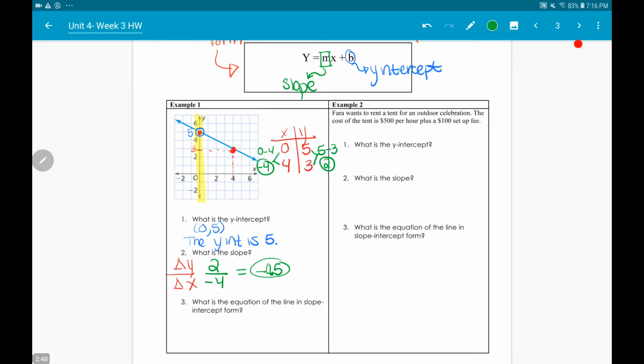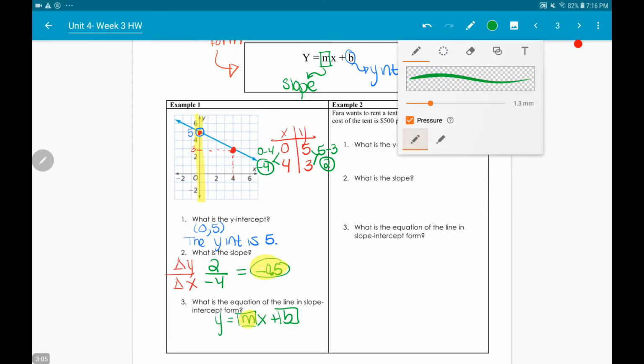Okay? So now what do we do? We take our equation, y equals mx plus b, and I'm just going to replace these two pieces. I'm going to replace my m with my slope. So let's do that first.